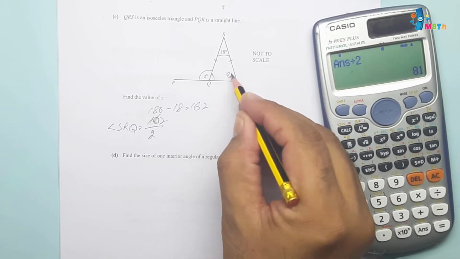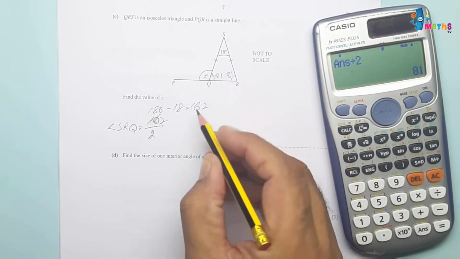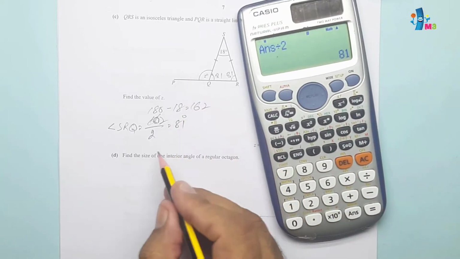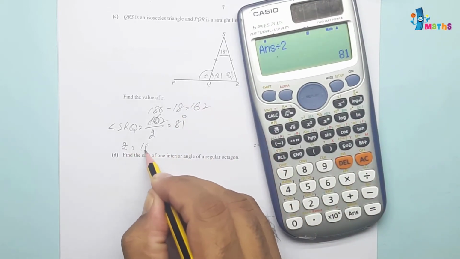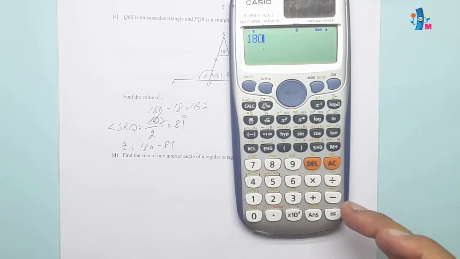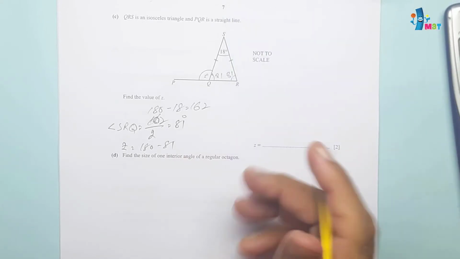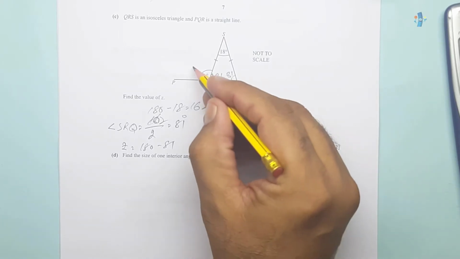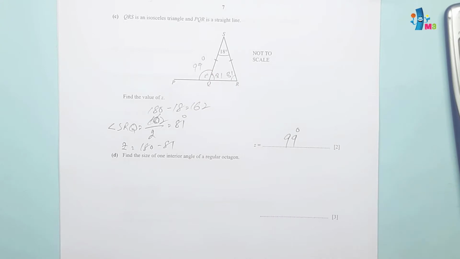So this angle is 81, this angle is also 81. So Z will be equal to 180 minus 81. So 180 minus 81 will be equal to 99. So this angle Z will be 99 degrees.